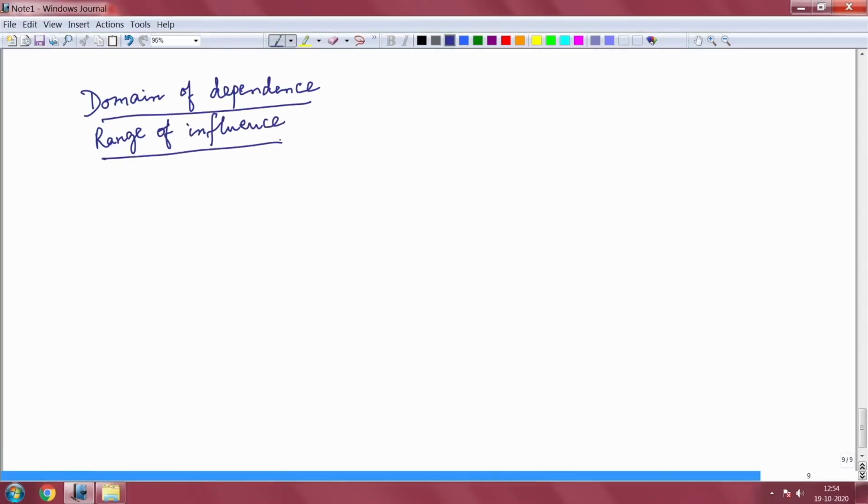So, what are these? Again, let me draw the picture, x and this is t. Okay. So, we want to determine the solution. Let me write that as a theorem maybe.